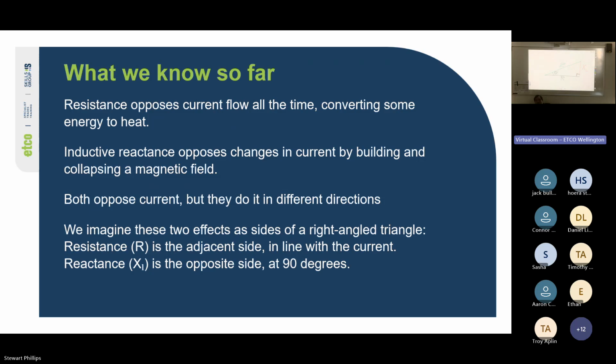So this is why when we talk about our earth fault loop, we talk about earth fault loop impedance, because we're taking into consideration the inductive nature of the transformer itself.